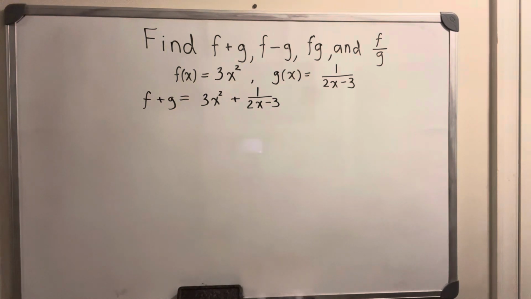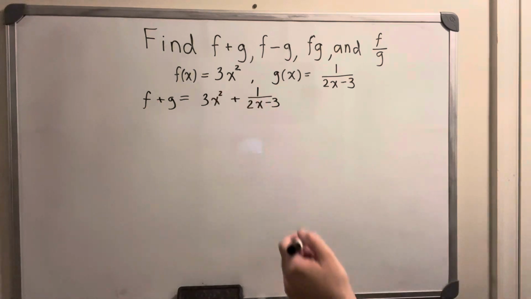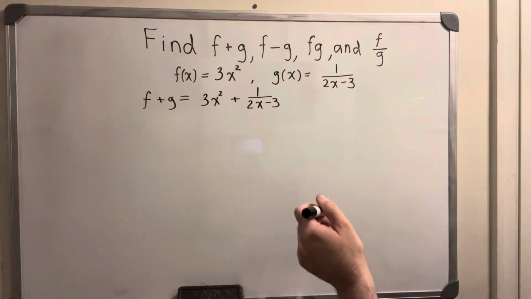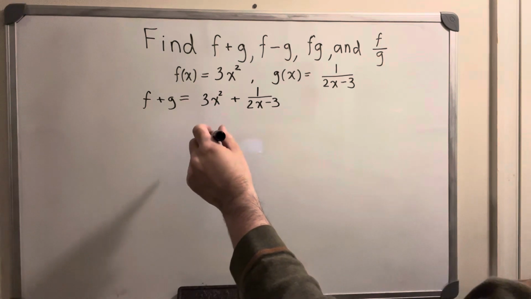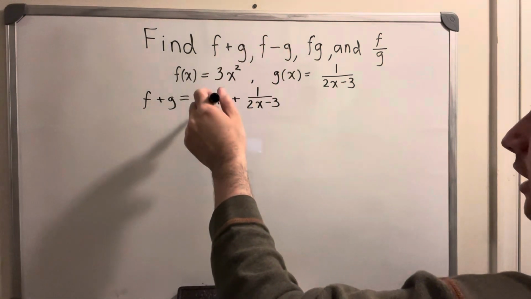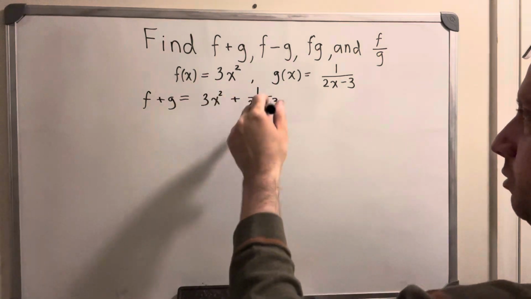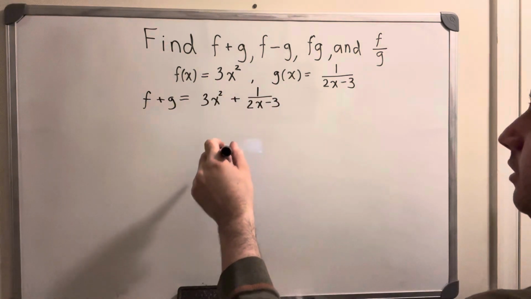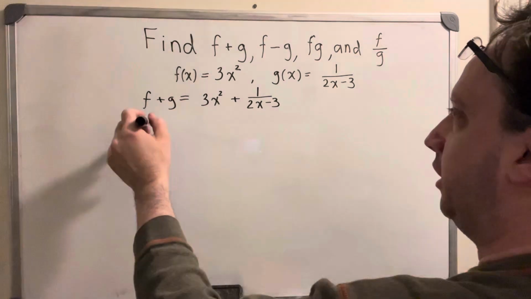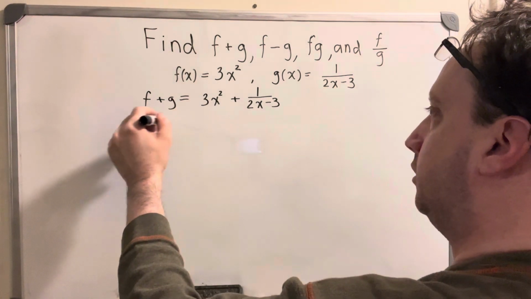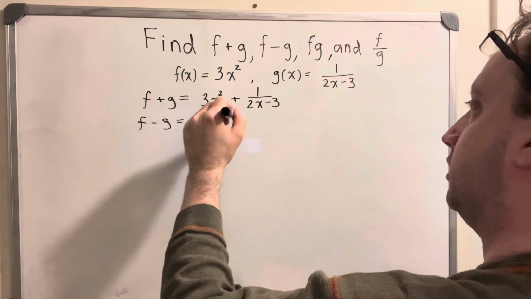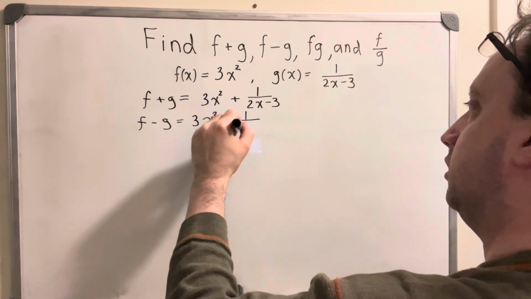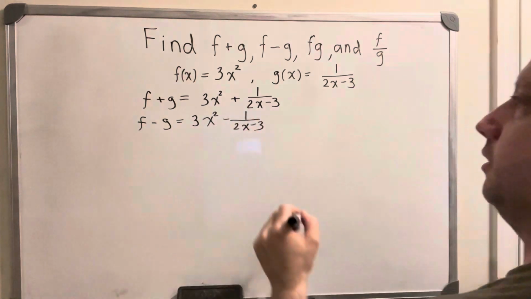If you want to convert this, you could just do that and put your answer. If your teacher likes things to be a single fraction, that would be a good thing to do. And f minus g would be 3x squared minus 1 over 2x minus 3.